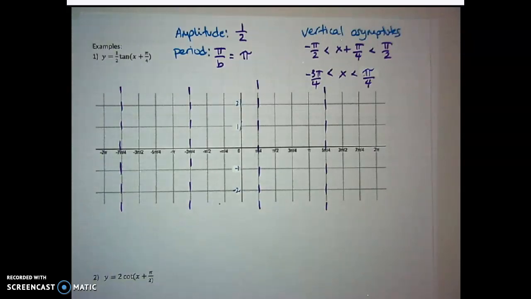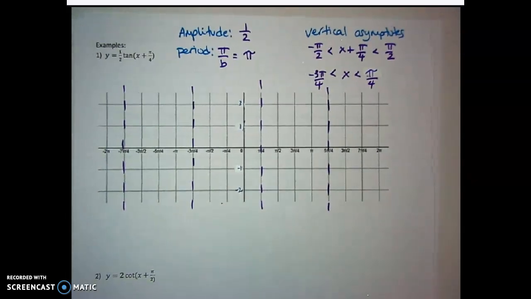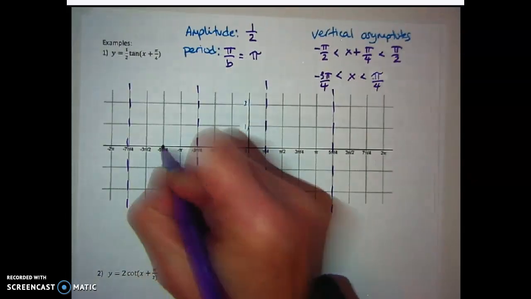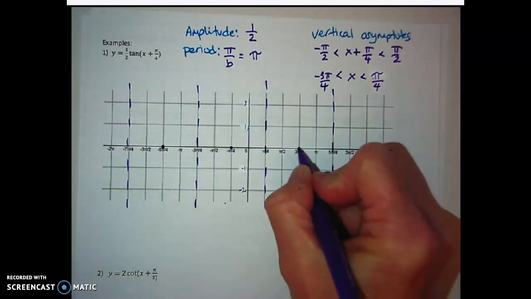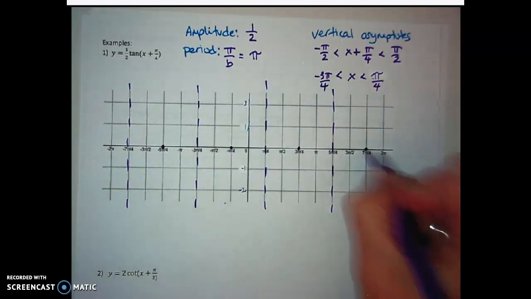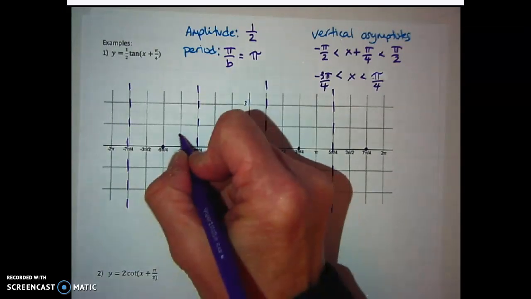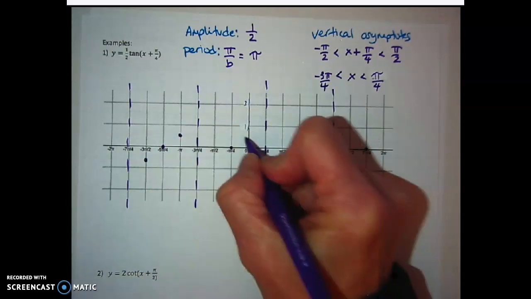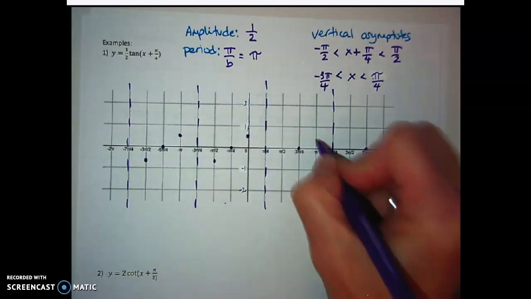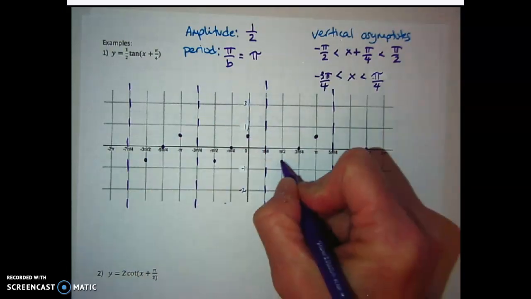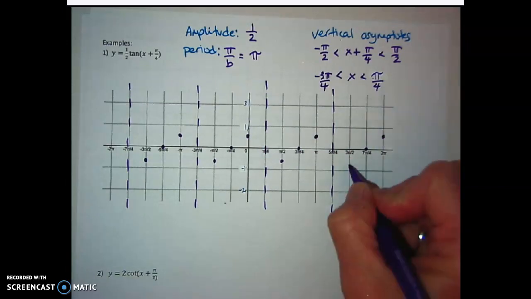Then remember that the tangent graph is going to cross the x-axis halfway in between each of those asymptotes. So I'm going to mark that point. And then halfway between where it crosses the x-axis and the asymptote is where you're going to graph the amplitude. My amplitude is 1/2. So I'm going to graph my amplitude, positive and negative 1/2. Remember, it's going to be positive or negative depending on the quadrant we're in.